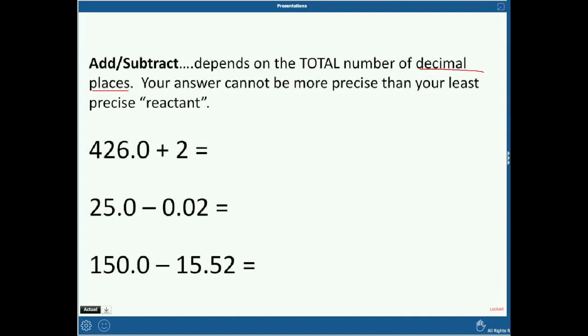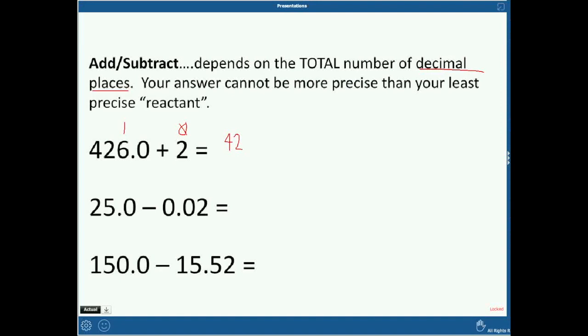So this one, this 426 has 1 decimal place. And this 2 has 0 decimal places. I'm going to draw the 0 like that so you can tell it's a 0, not an O. Okay, so when I add these together, I need to have an answer that has 0 decimal places. It can't be more precise than this 2. So we could do 4.